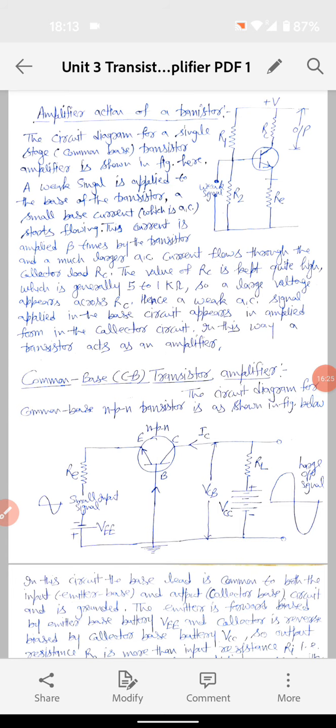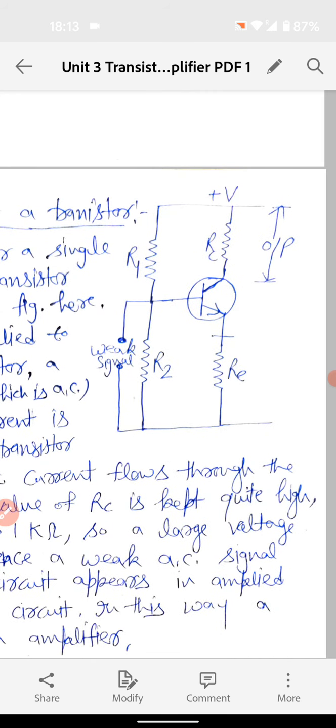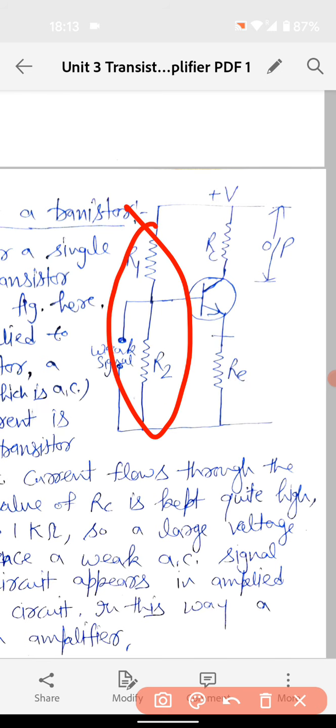See this figure where we have a transistor in common emitter mode, where the emitter is made common to the input and the output. And this biasing is voltage divider biasing. If you remember, we have done this in our second unit, biasing of transistor.